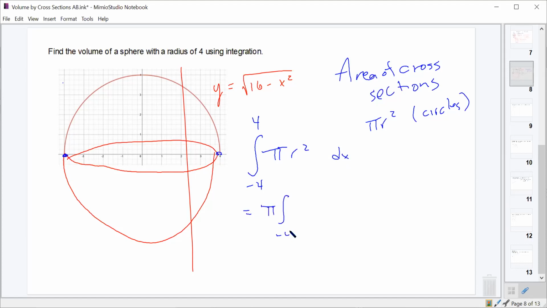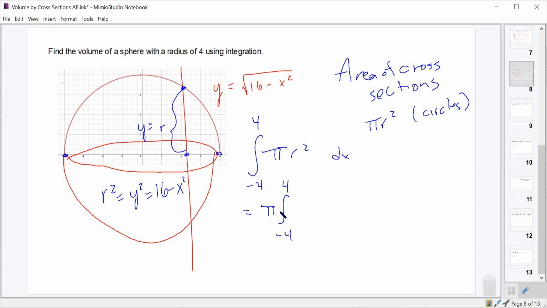Yeah. Okay. Well, what's the radius of one of those? That's the radius, right? What is that? Why? Y. Right? So our radius is y. And so r squared should just be y squared, which should just be 16 minus x squared.